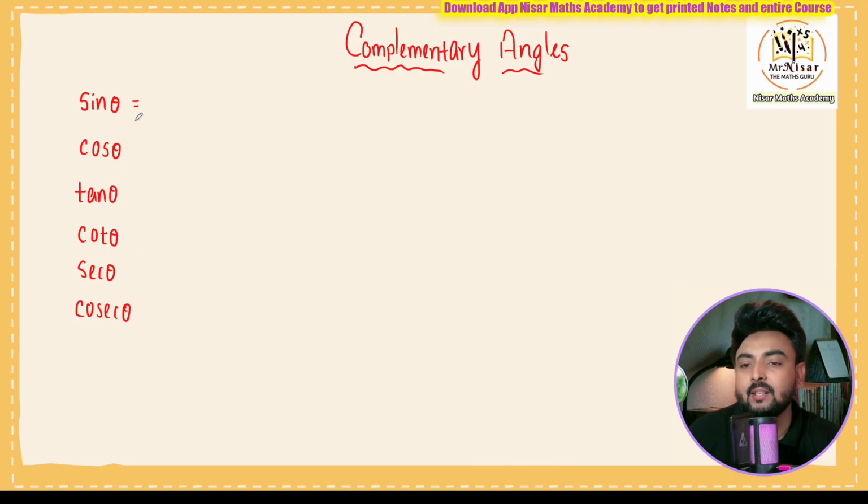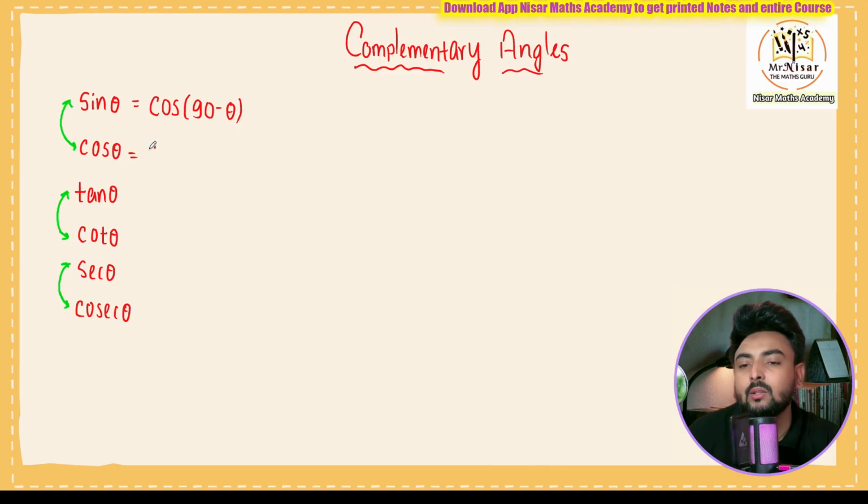Now children, what we studied about sine, cos: sine and cos are complementary to each other. Tan and cot are complementary to each other, and sec and cosec are complementary to each other. To be more precise, sine theta is cos 90 minus theta.